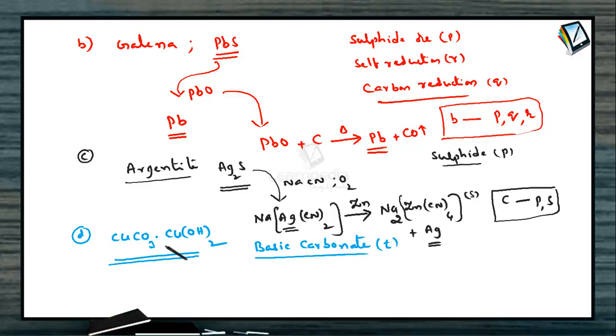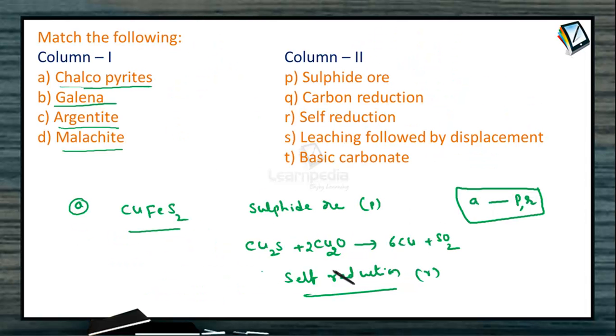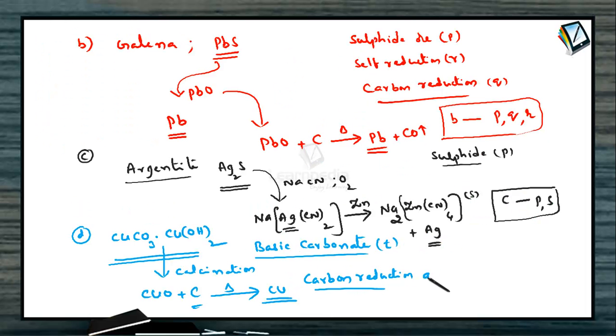During the extraction of copper from this basic carbonate, during calcination, as it is a carbonate ore, cupric oxide is formed, and this cupric oxide can be subjected to reduction with coke to give copper metal. So thus, carbon reduction is also possible, and we have carbon reduction in column 2 as Q. So Q is also the right answer. Thus D goes with Q and T.